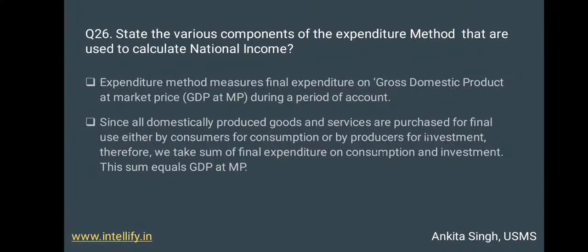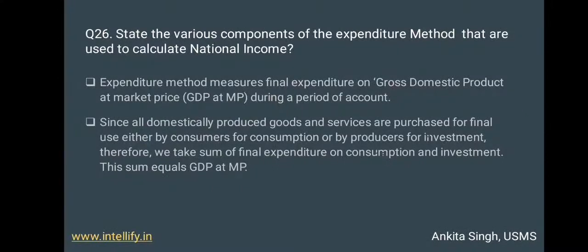26. State the various components of the expenditure method that are used to calculate national income. Expenditure method measures final expenditure on gross domestic product at market prices, that is GDP at MP, during a period of account.